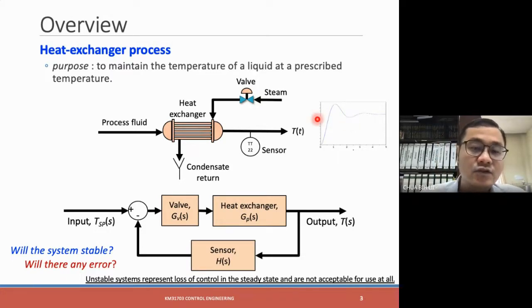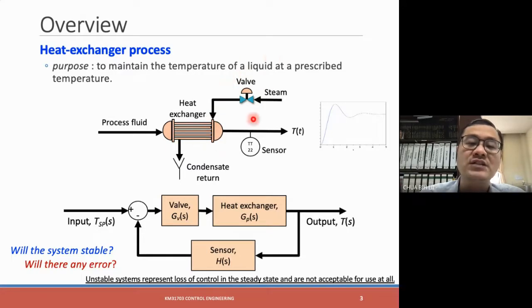For this particular temperature, what we would like is to maintain it at what we have set. For example, maybe we would like to set it to 100 degrees C or maybe 80 degrees C. So we would have a sensor to detect the temperature, and we would increase or decrease the temperature by controlling the amount of steam flowing through the heat exchanger.